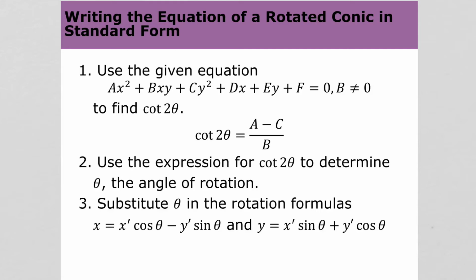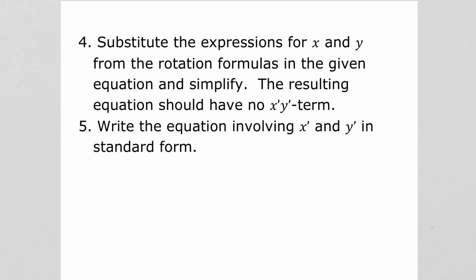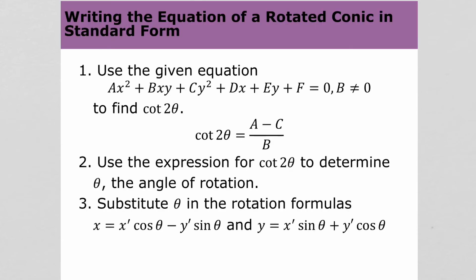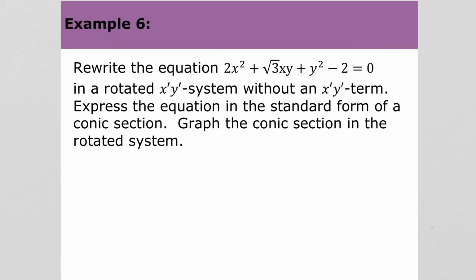Once we find our theta using cotangent of 2 theta equals a minus c over b, we can go back to finding x prime, y prime with the formulas we used in the last example. And this is just directions on what to do. So you can read through that and use it as you're working your problems. But I'm just going to go forward and work an example here.